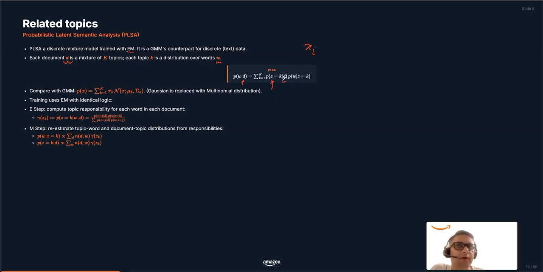Like I had introduced, this is exactly P of Z and P of X given Z. The only thing is that in this case, P of W given Z equal to k is also going to be a discrete distribution. It's not going to be a normal distribution. And again, your training can proceed with identical logic as we saw in expectation maximization.